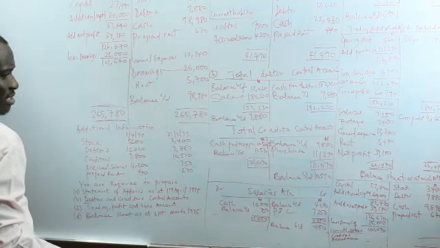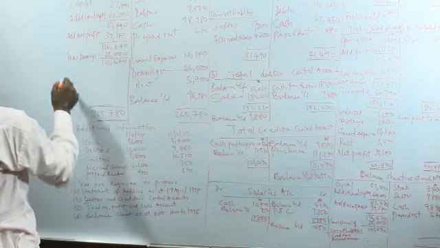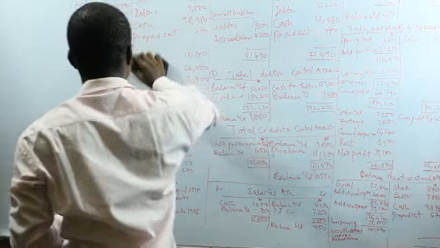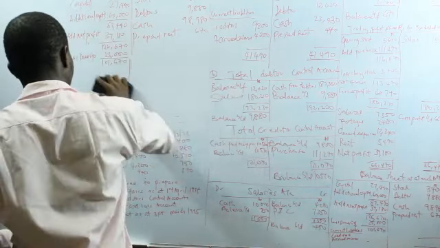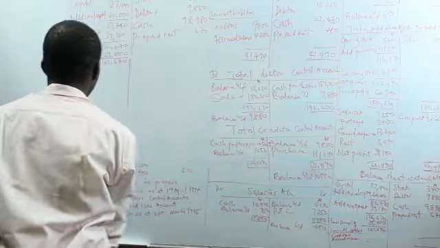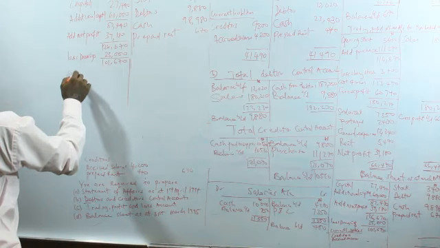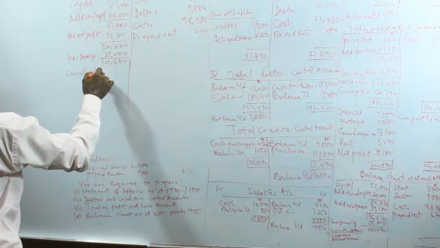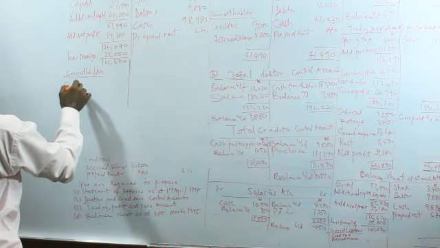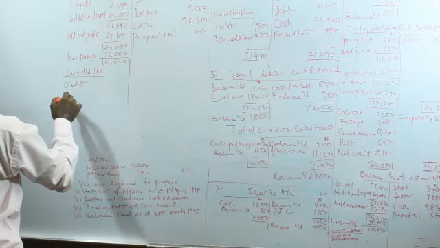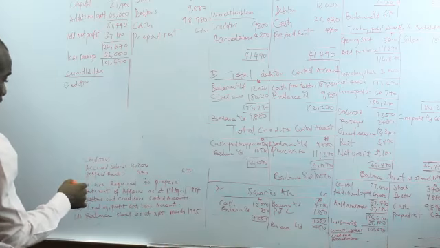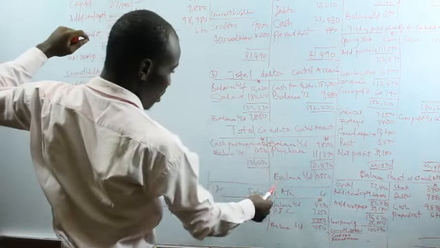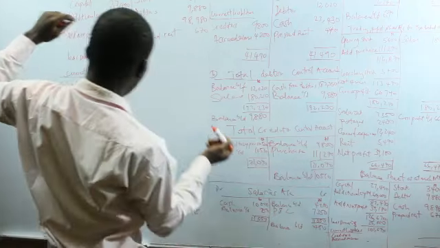So what is the next? Our current liabilities. So we have the creditors. The creditors' closing balance, from the total creditor control account, was 10,510. Also, what other account do we have?